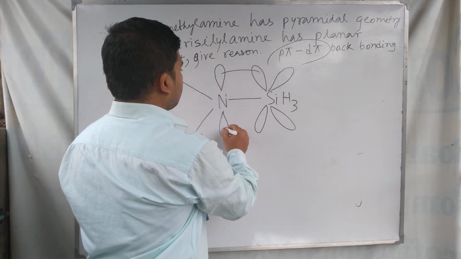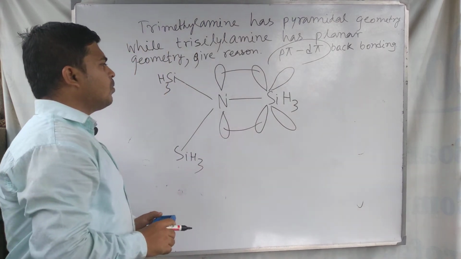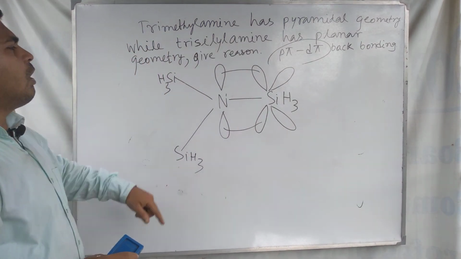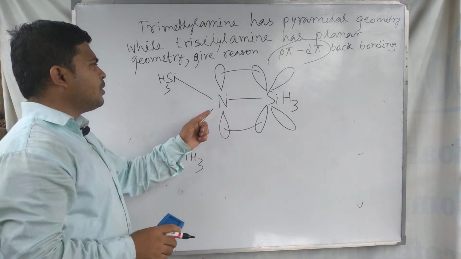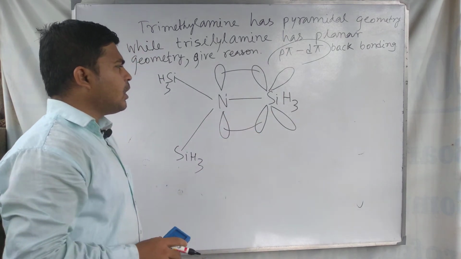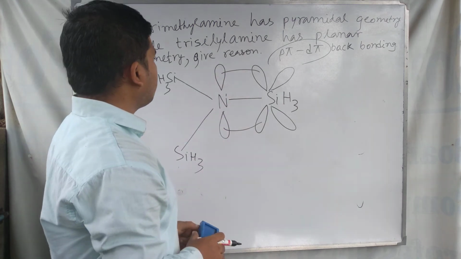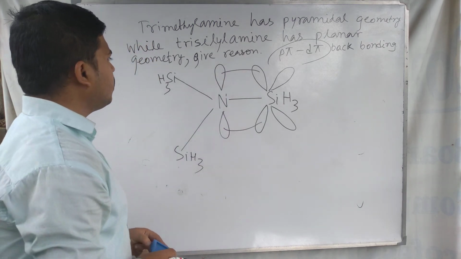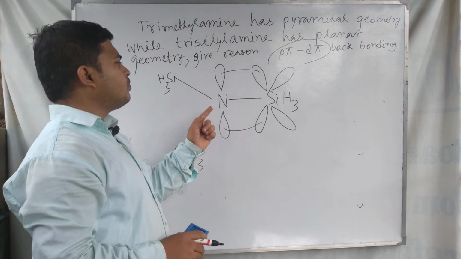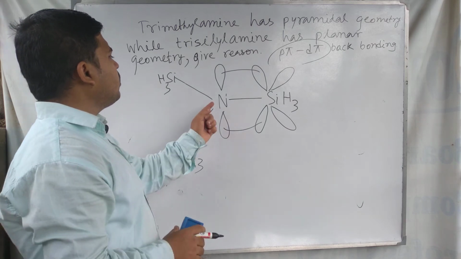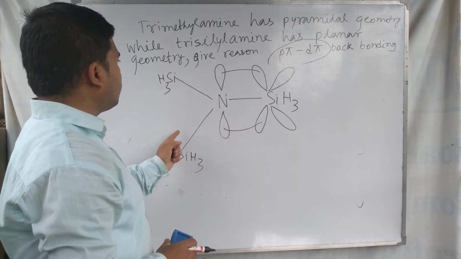So between these two, overlap occurs. This means the back donation from the filled p orbital of nitrogen to the vacant orbital of silicon, and this is called p pi d pi back bonding. The same thing happens with these three silicon atoms.